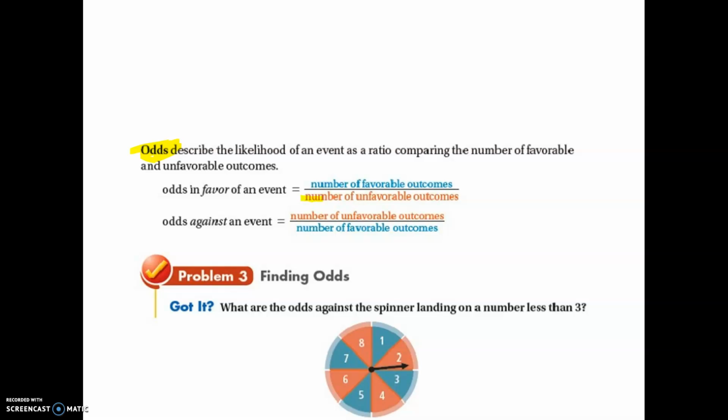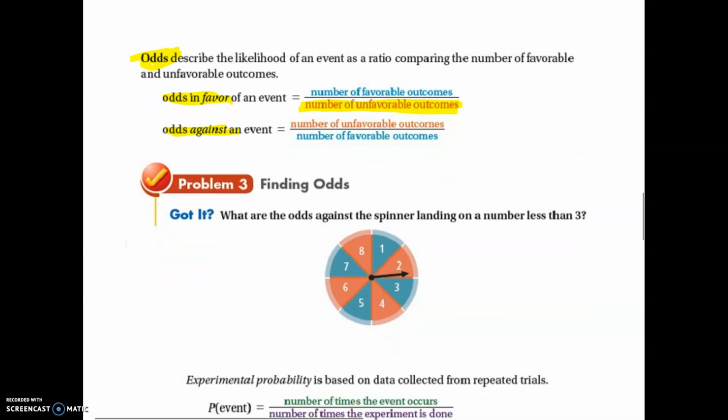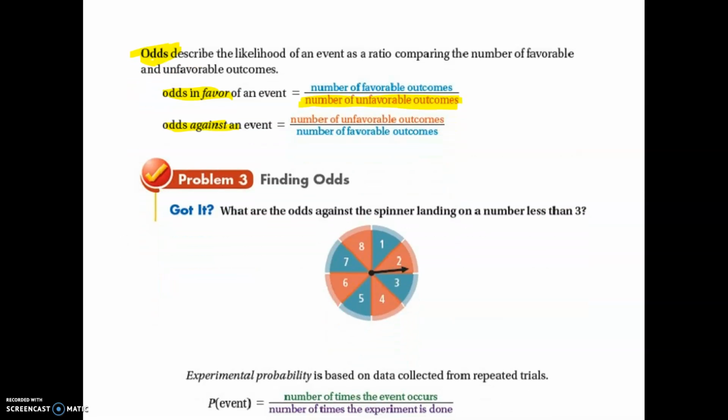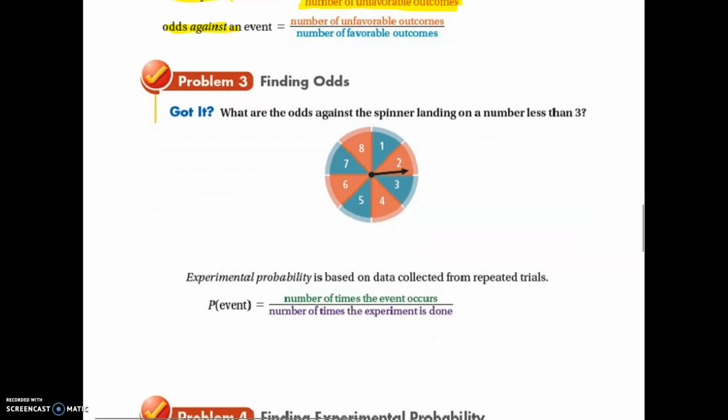So the main difference here is taking the number of unfavorable outcomes in the denominator versus with probability, it's out of the total possible outcomes. So slightly different. And you can have odds in favor of something occurring and you can also have odds against something occurring.